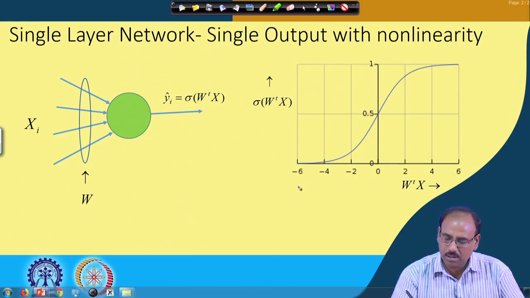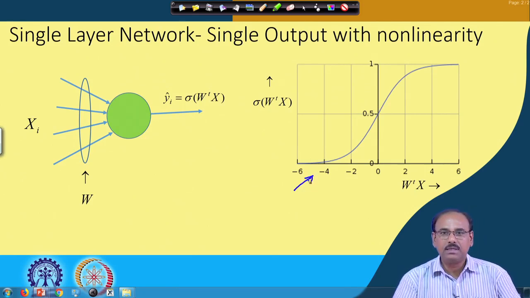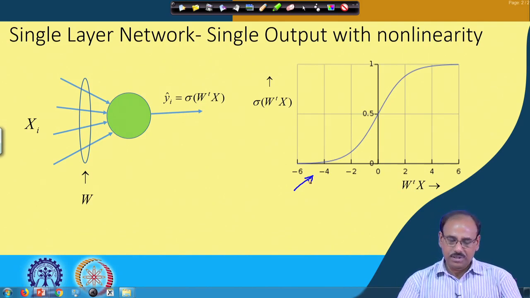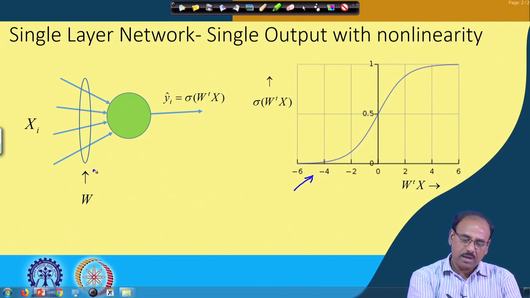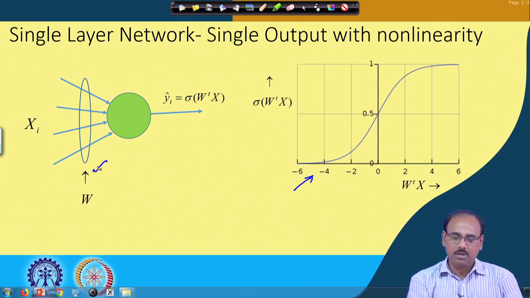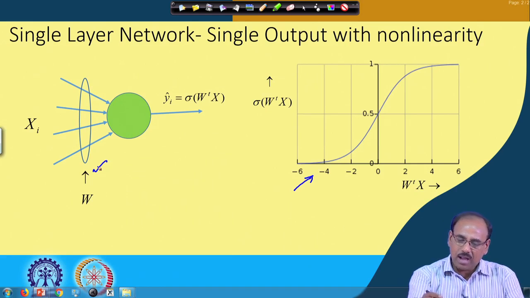For such a network, the output of the neuron is y_i hat equal to sigma of w transpose x, where w is the weight vector at the input side of the neuron and x_i is the input vector.